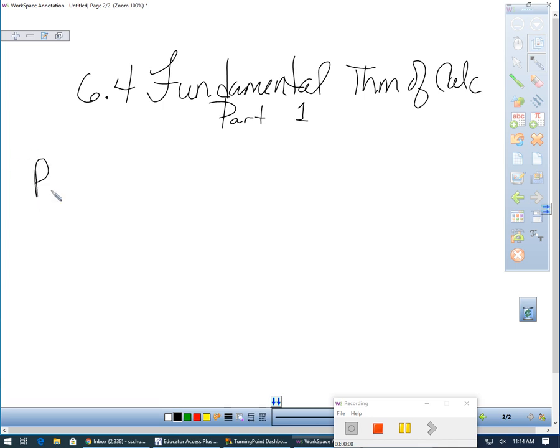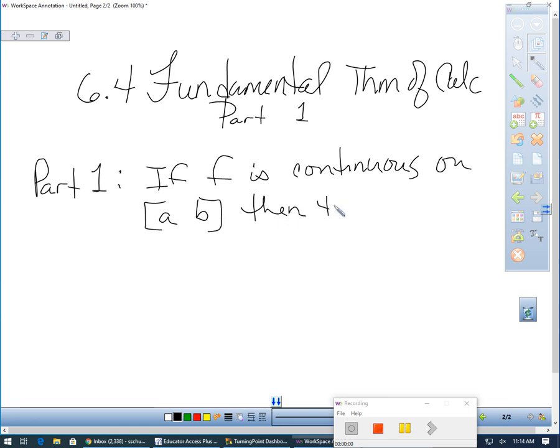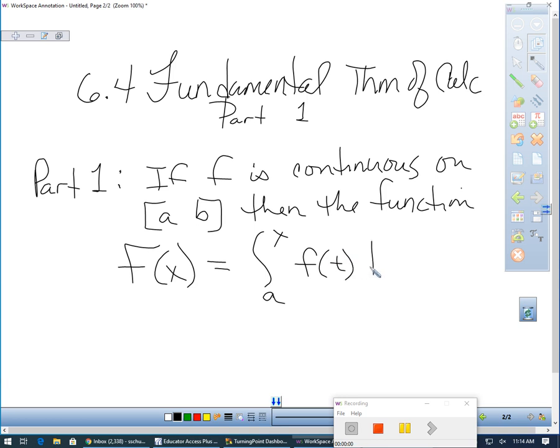Alright, so the definition of part 1 is: if f is continuous on a closed interval from a to b, then the function f of x is equal to the integral from a to x of f of t dt.